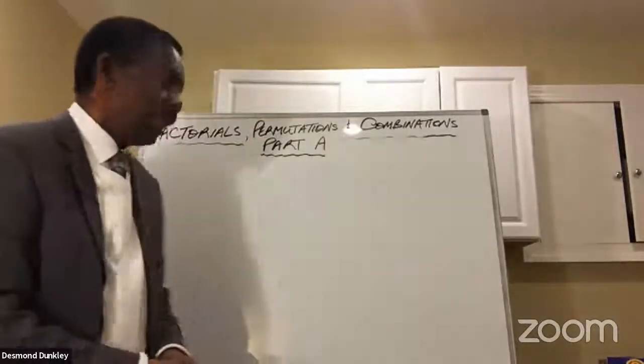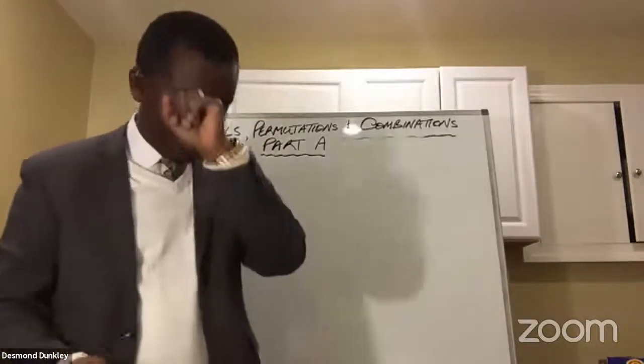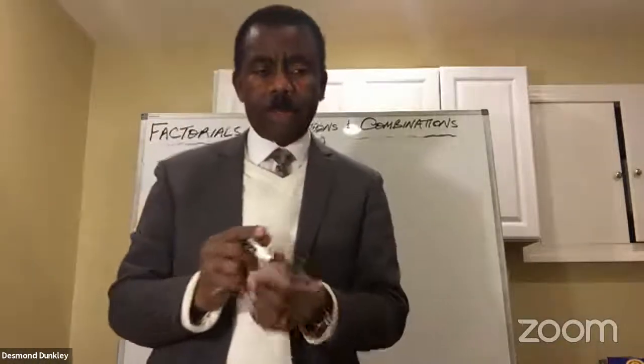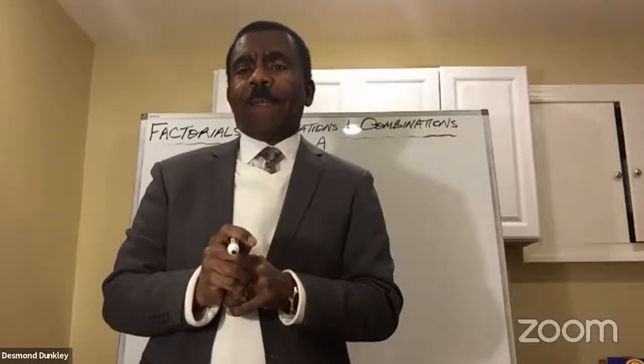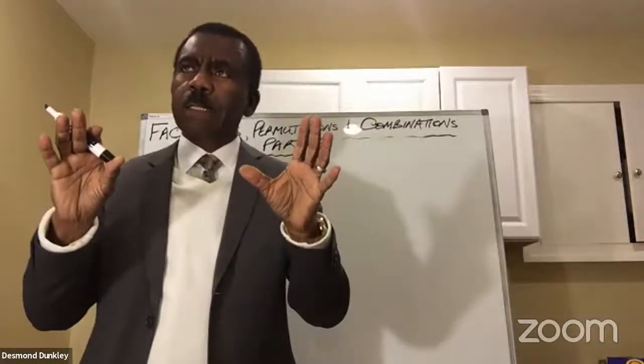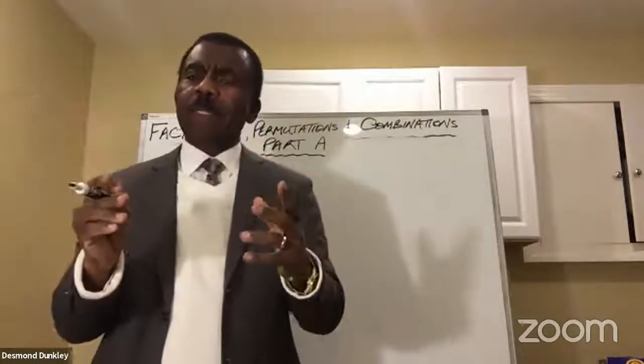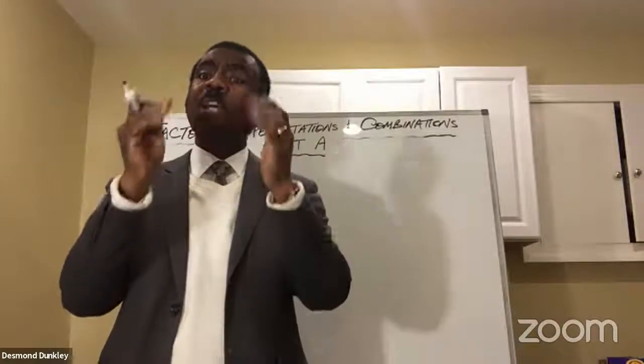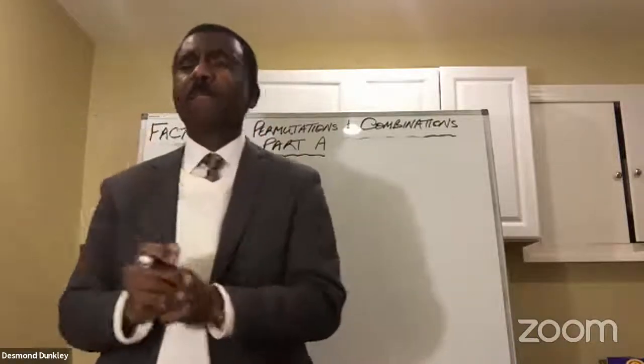Now, let's talk about permutation. Permutation is the way that you could select from a list in such a manner that the order is important.